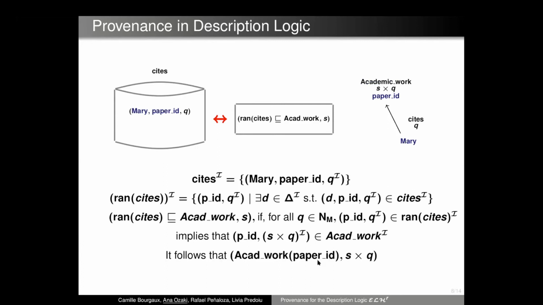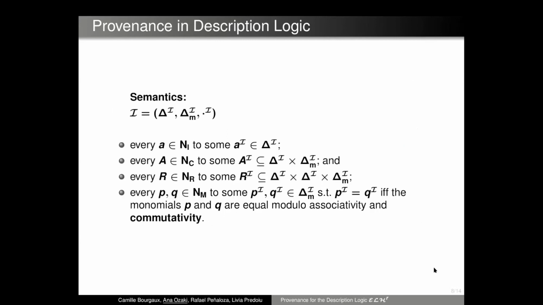So it will follow this assertion from our semantics. And we also can have Q times S, because our semi-ring is commutative, so it doesn't matter the order.